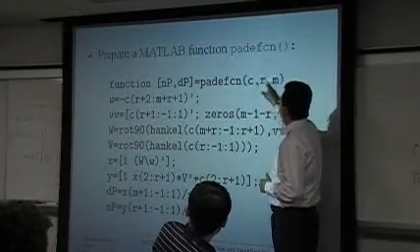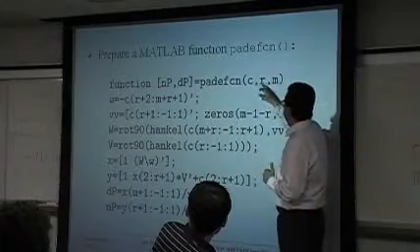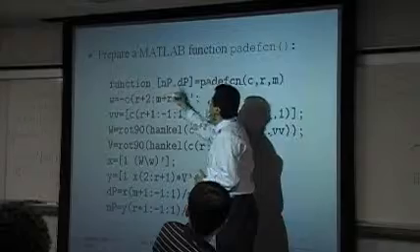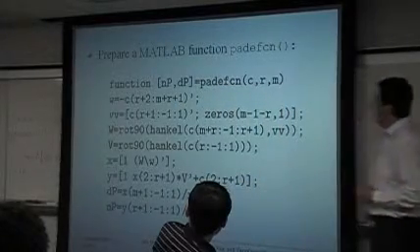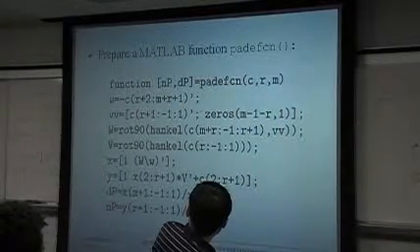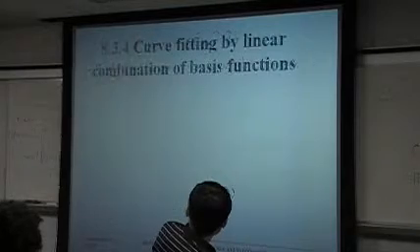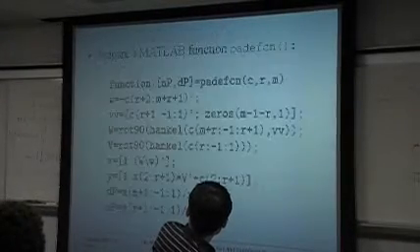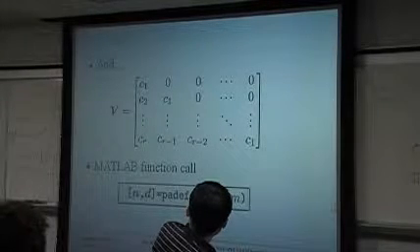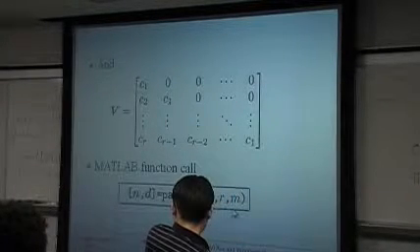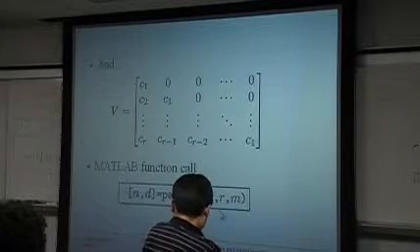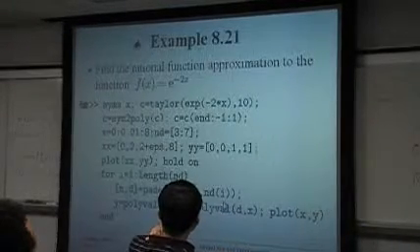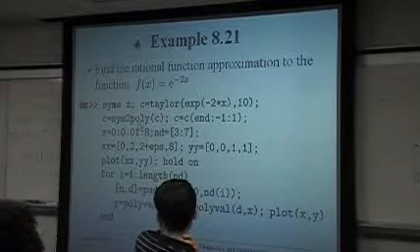You specify the orders of numerators and denominators, and you will find the polynomial coefficients of them. This is the function call we need. If you are using this function, you can easily find the Padé approximation to the original given function.